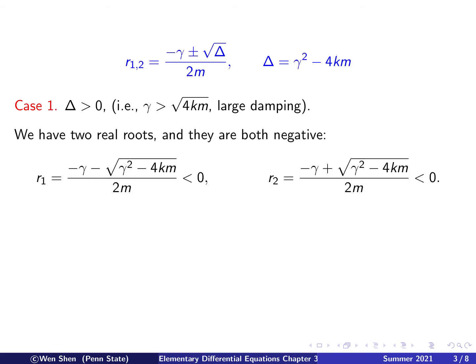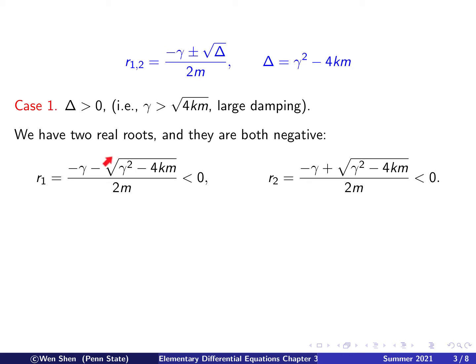So in this case, we see that we will have two roots, because what's under the square root now is a strictly positive quantity. If we write the two roots in order of their size, r1 will be negative gamma minus the square root of delta, and then the second one, r2, will be negative gamma plus the square root of this delta.